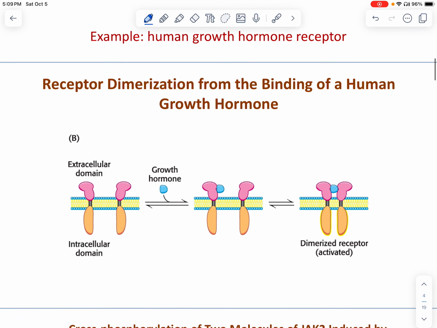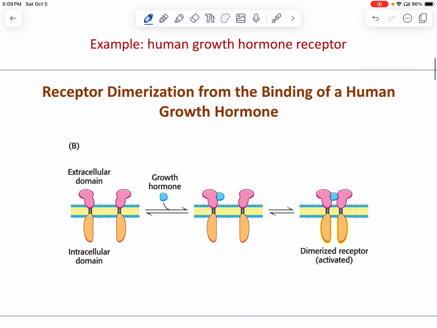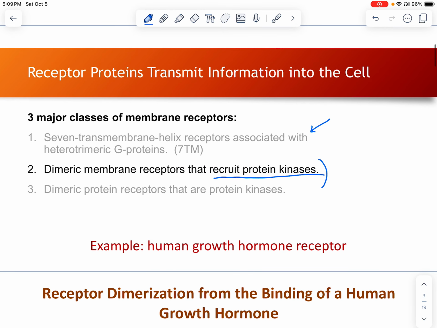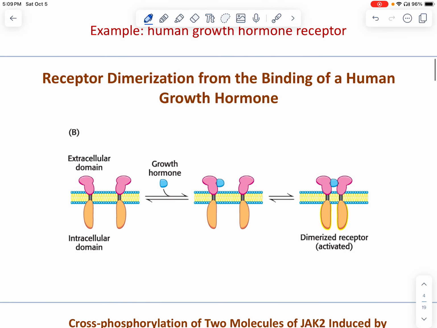So let's take a look at this. We know phosphorylation is kind of the on-off switch of many of these regulatory mechanisms. An example of this one is human growth hormone receptor. We're talking about receptor dimerization, coming together as a dimer from the binding of a human growth hormone.